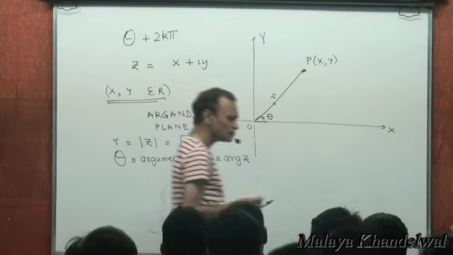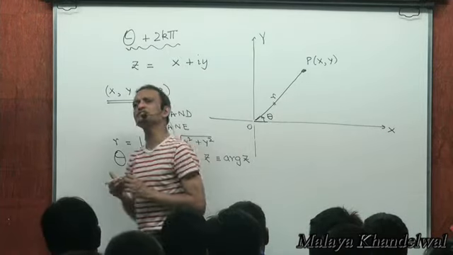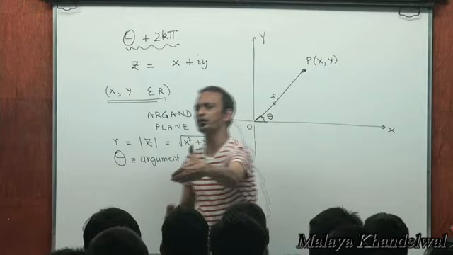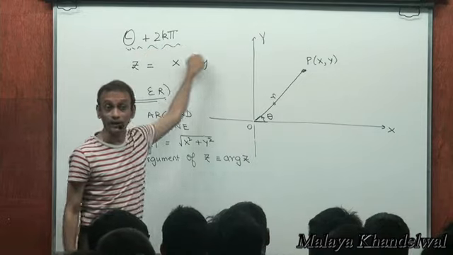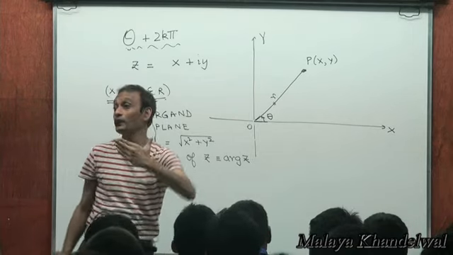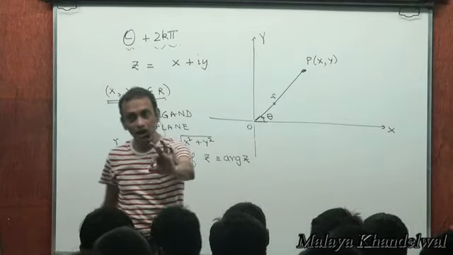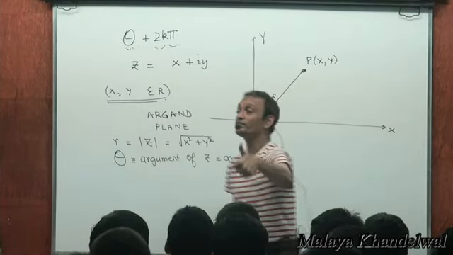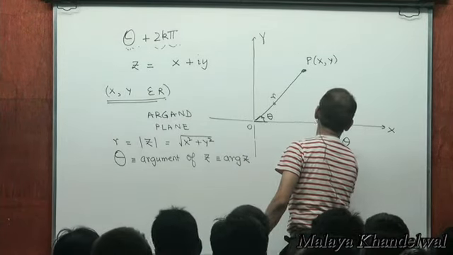And then they said, all right, these are several values of theta that will give me the same P. What we do, to be on the same page and to be talking of the same thing, is choose one: of all the values theta plus 2k pi, there would be only one value that will lie in the interval minus pi to pi.